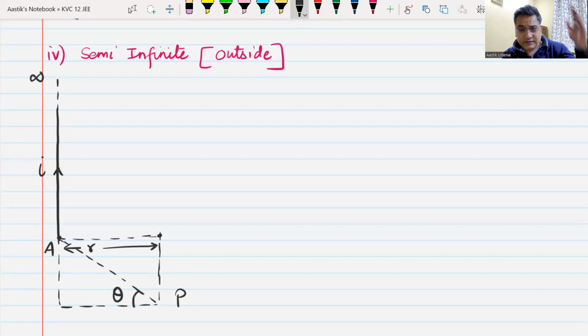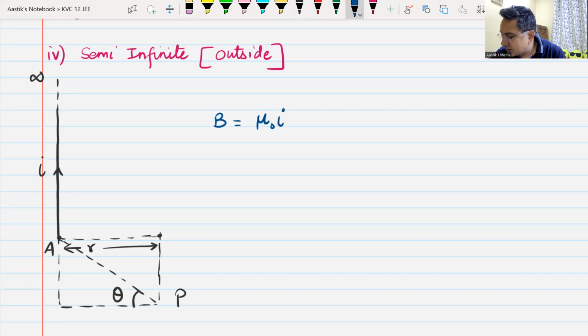If this is the case, the point lies outside the wire. What will be the answer in this particular case? The answer in this case will be mu naught I by 4 pi, 1 minus sine theta.